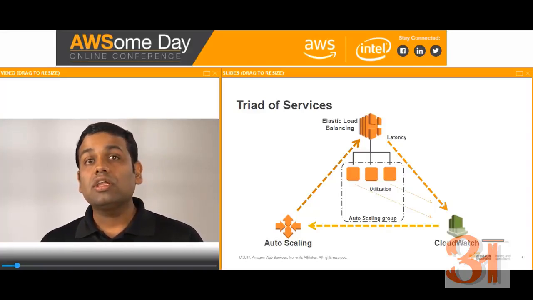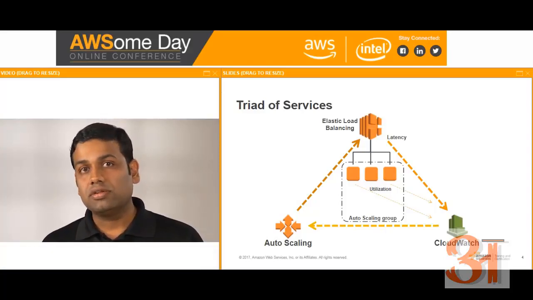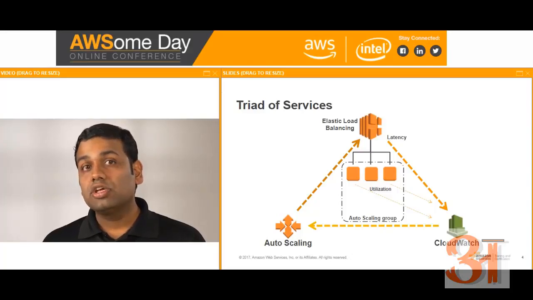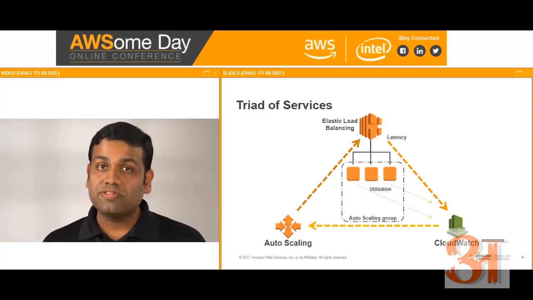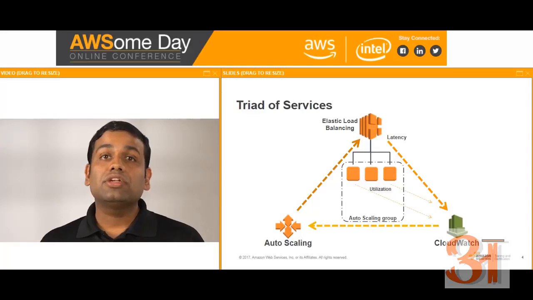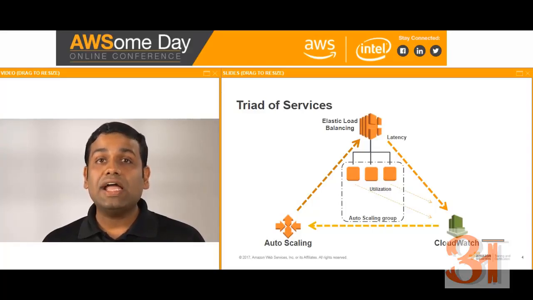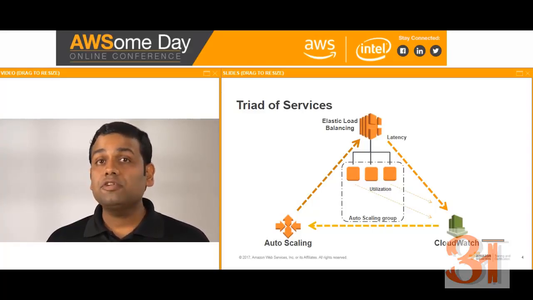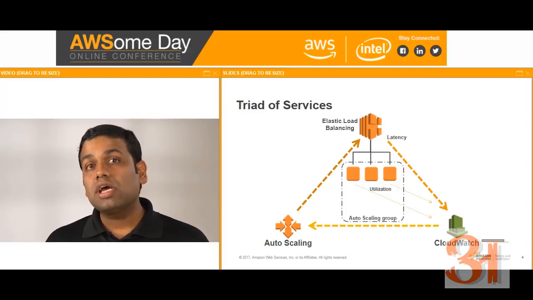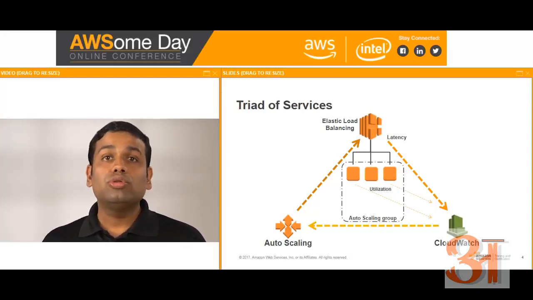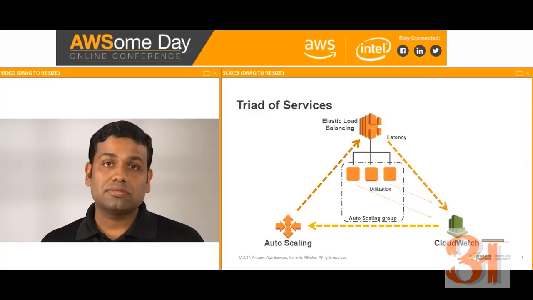Remember to create at least 2 auto-scaling policies, one to scale out and the other to scale in. Finally, auto-scaling notifies the ELB that a new instance has been added to the group, after which the ELB starts to distribute load to the newly created instance.